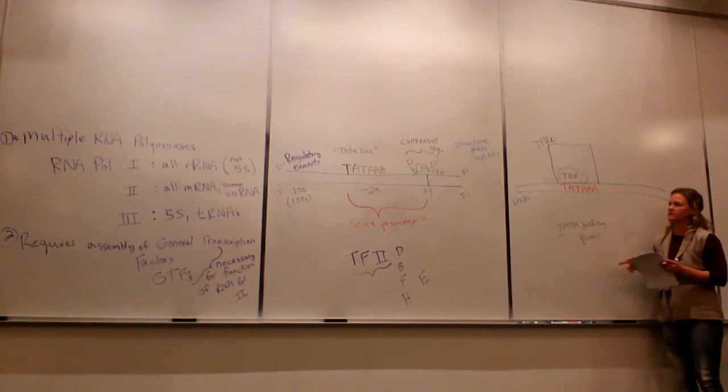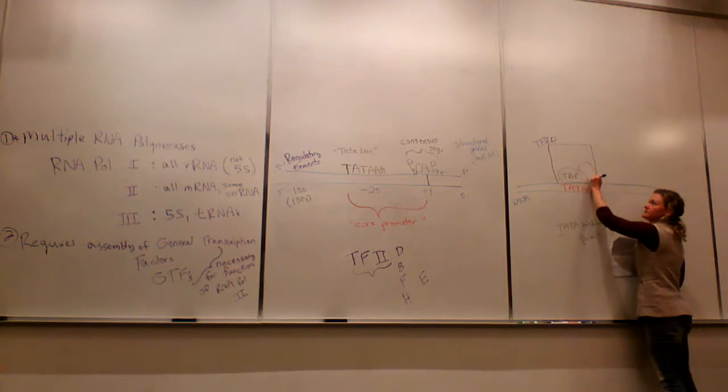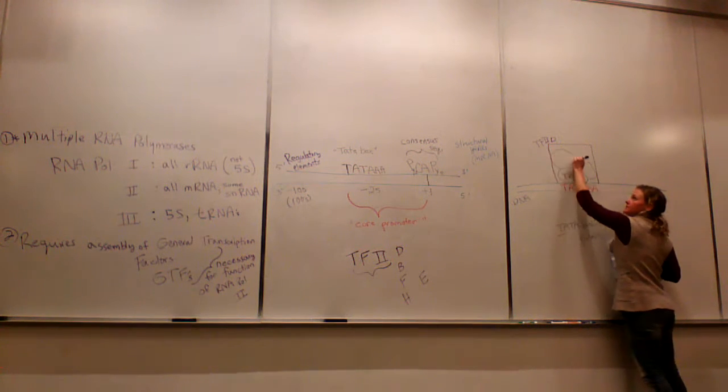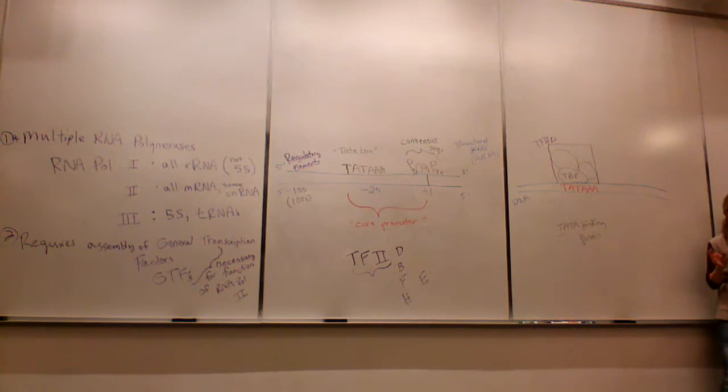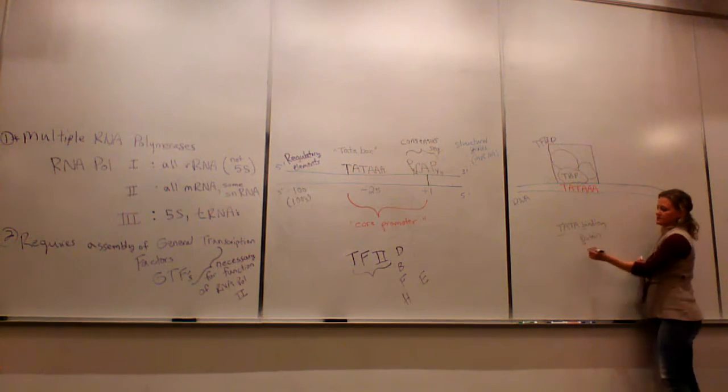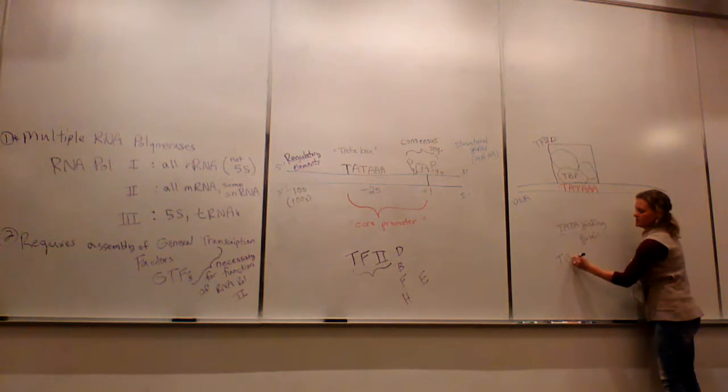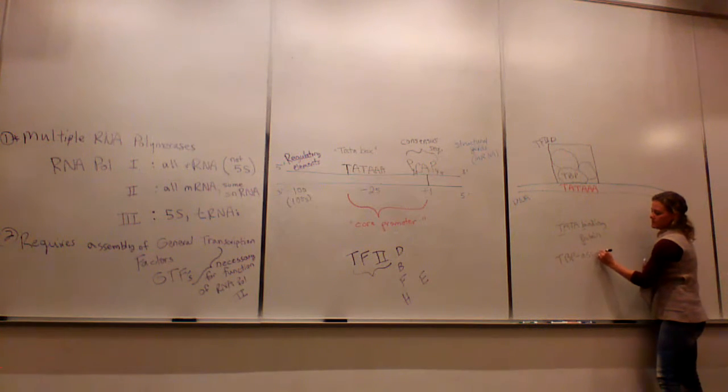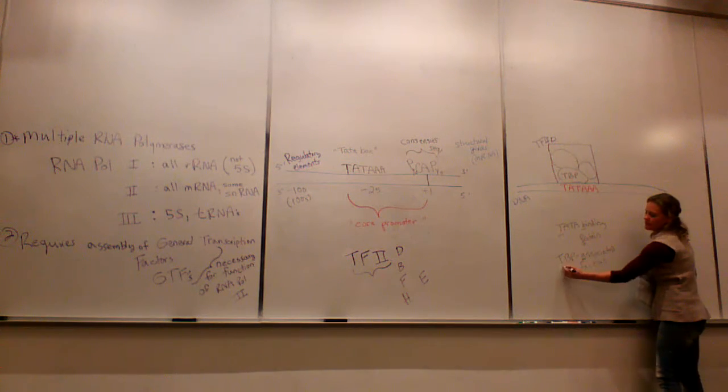So the acronym is TAF. So these TAFs. So you have 2 TAF subunits that help this Tata binding protein. These are all part of TF2D, which is one of the transcription factor proteins that helps RNA pol 2 eventually get up here on the board and bind to DNA.